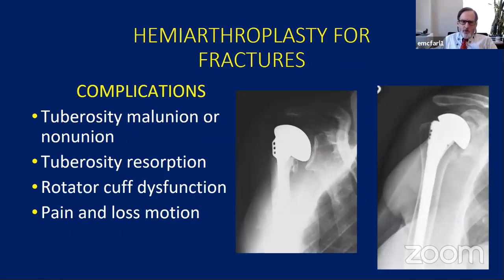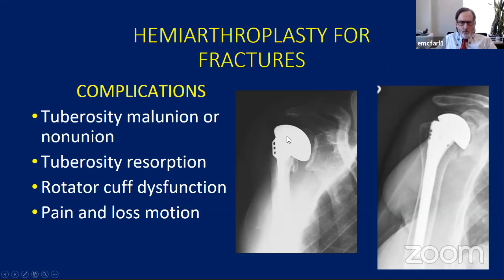So the trouble with hemiarthroplasty for fractures, even though they can give patients pretty good pain relief, is that oftentimes patients will complain of, "It doesn't hurt until I move it," which is not optimum, or they have pain that starts to wake them up at night, etc. The trouble with hemiarthroplasties is that the tuberosities sometimes don't stay where you put them, and they tend to rotate away, and then the patient gets weak. The other thing you can get is tuberosity resorption like this.